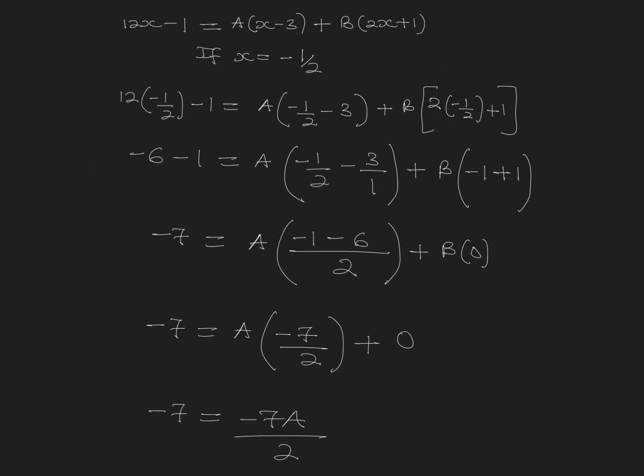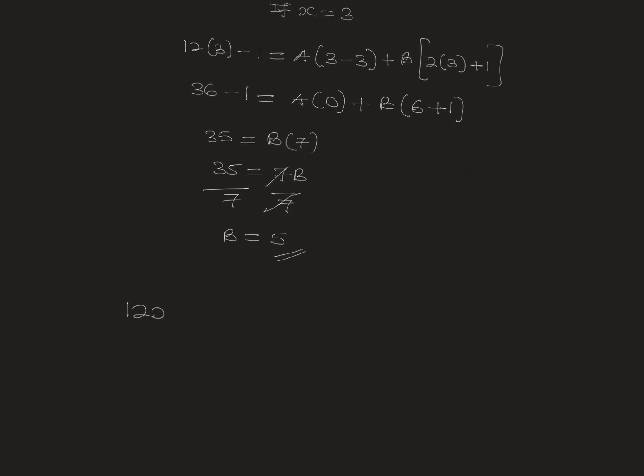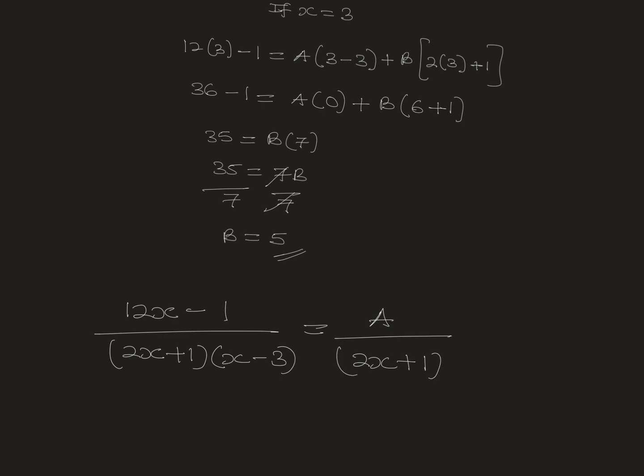So 12x minus 1 all over 2x plus 1 into x minus 3 is equal to a divided by 2x plus 1 plus b all over x minus 3.